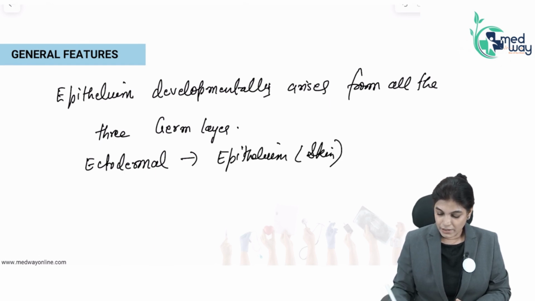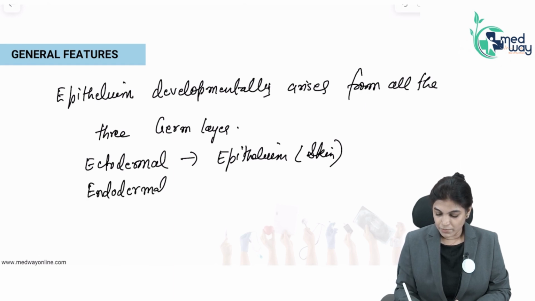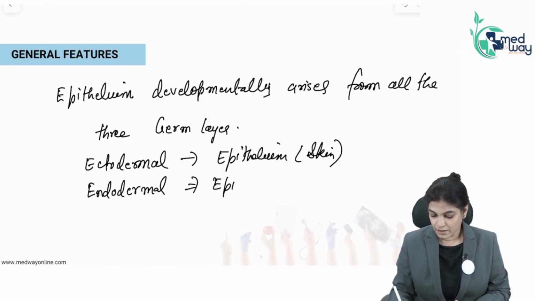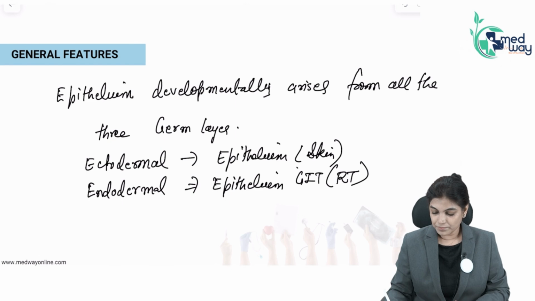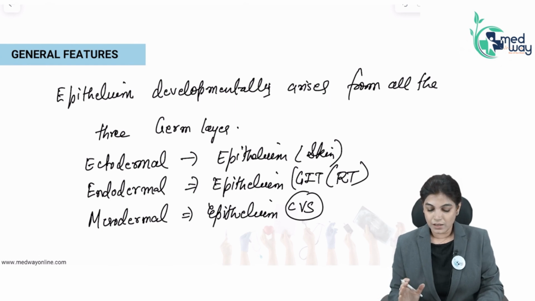It is endodermal in origin when we are talking about the epithelium of the GI tract or the respiratory tract, and it is mesodermal in origin if we are talking about the epithelium in relation to the cardiovascular system. So this shows us that epithelium has origin from all the three germ layers.